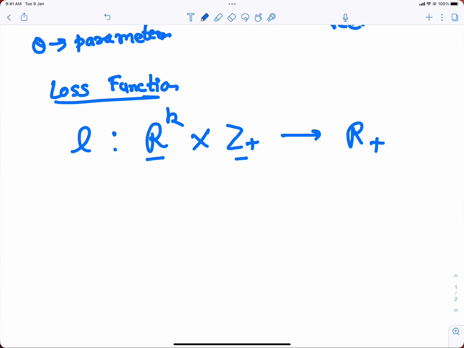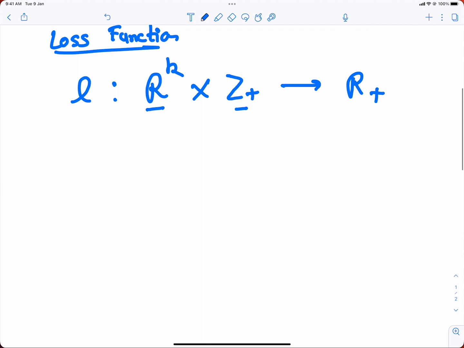The objective is that this loss should be low if the logit vector is correct. The logit vector is correct when the highest value is for the true class, and if it is not, then this loss should be high. That's the objective, and the loss that we are using is the cross entropy loss. So we can write the loss as a function of h theta of x.